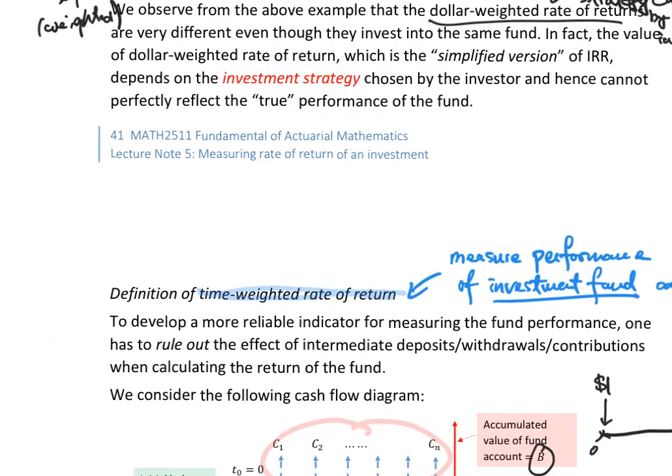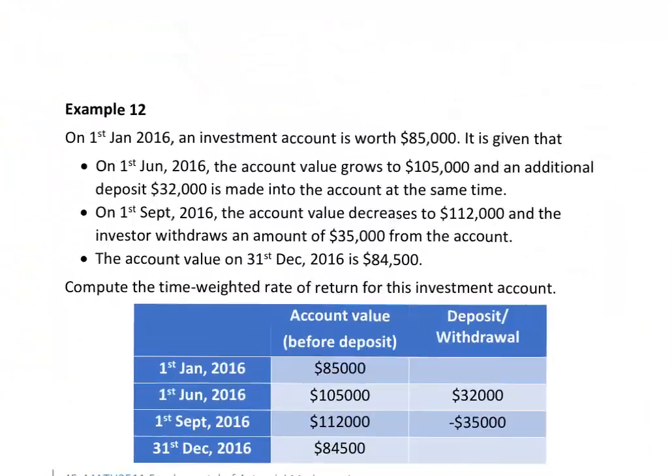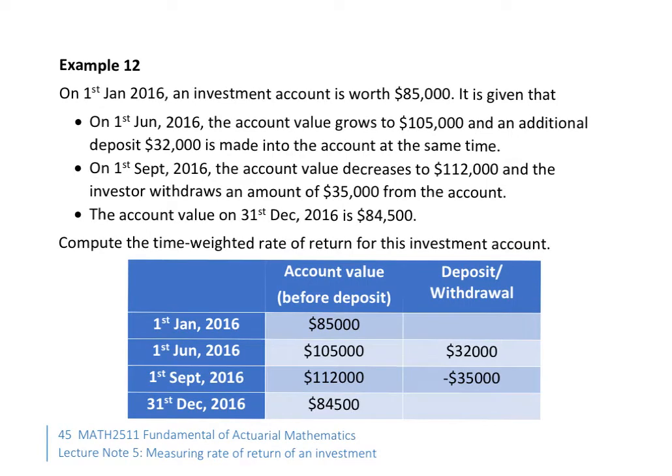Now, given this, we will look at more examples about the time weighted rate of return. Let us take a look at example 12. Again, we consider an investment account which is active over 2016.